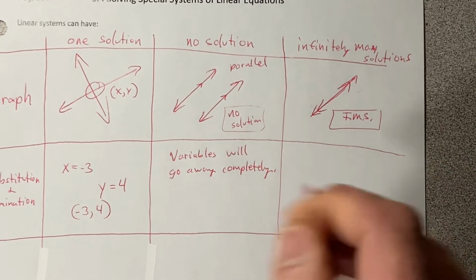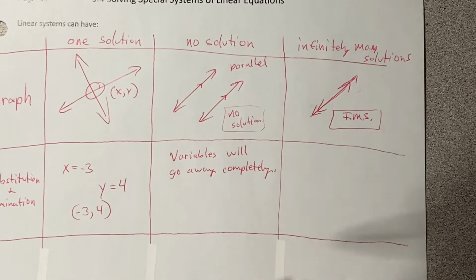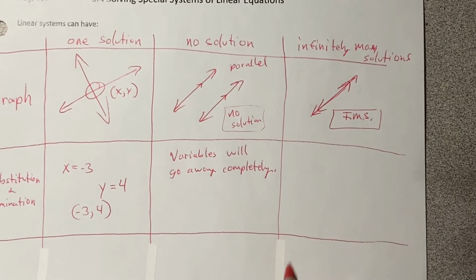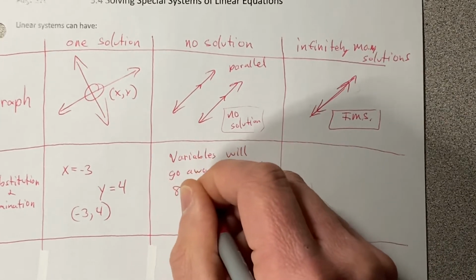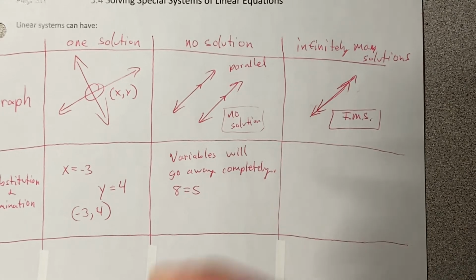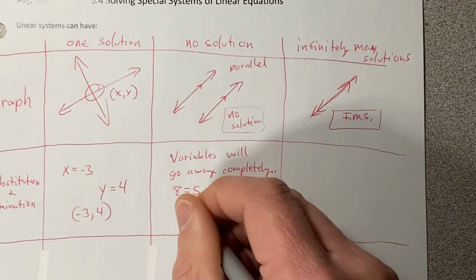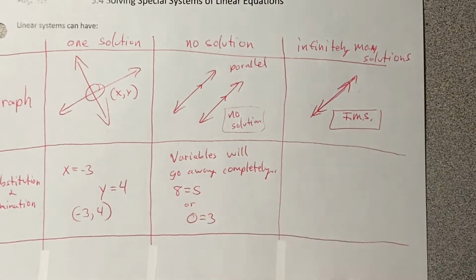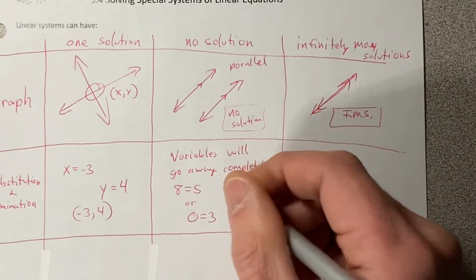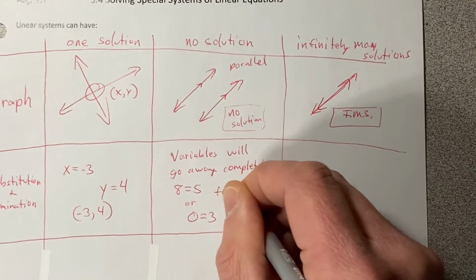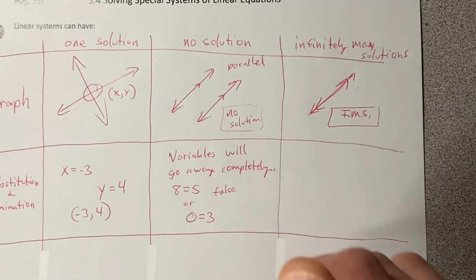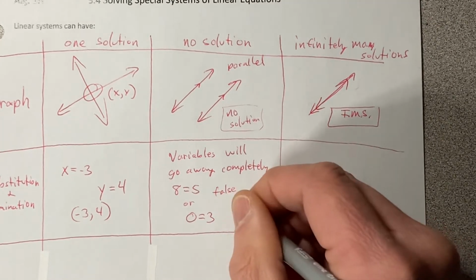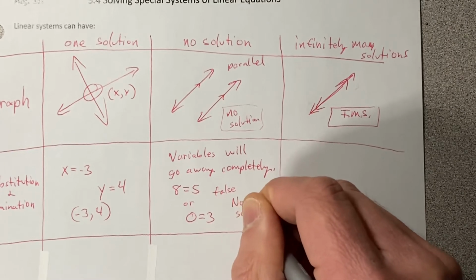You'll do your substitution, your elimination, you'll work it out, and the x's and the y's go away, and you're left with something like 8 = 5. Or more commonly, you'll get a 0 for one of the values, like 0 = 3. Are those statements true? No, they're not. Those are false. If the variables drop out and you're left with a false statement, that means no solution.